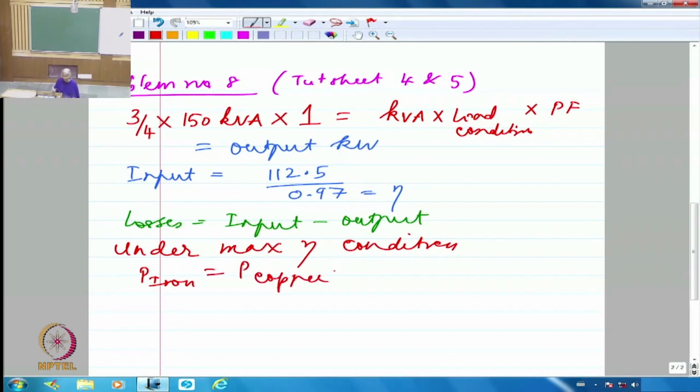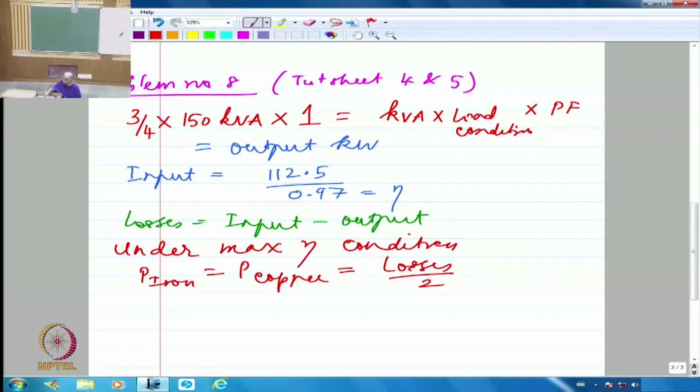So this will be actually losses by 2, because total losses are only considered to be iron losses and copper losses. If they are equal, I should have the total losses whatever occurs at maximum efficiency condition divided by 2 will give me the actual losses of iron and copper.